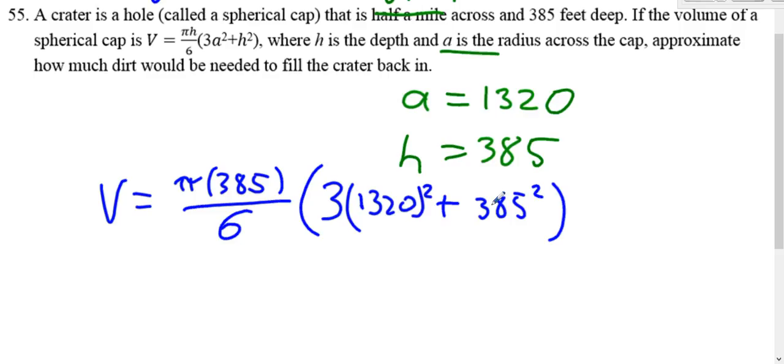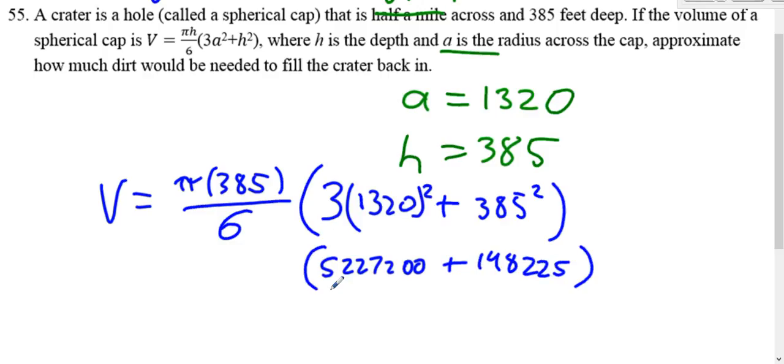So 1320 squared, then you can multiply by 3. 385 squared. So inside parentheses, add those up. And we're going to multiply that by 385 and 3.14 and divide by 6.